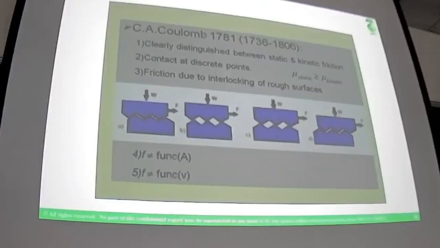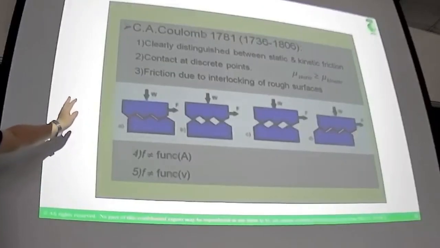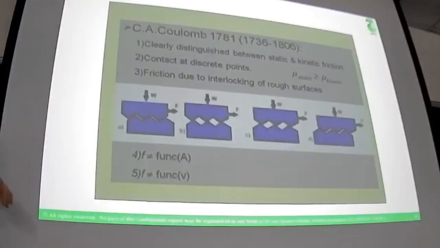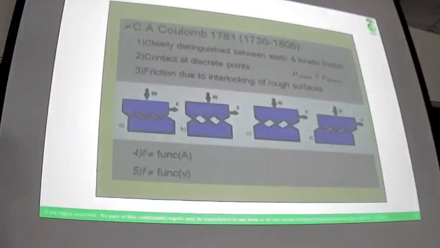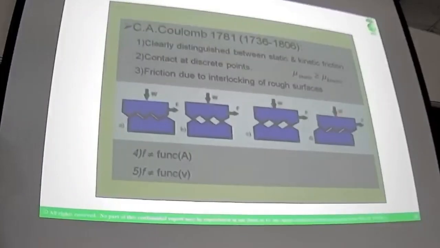So this theory is more or less the same as the dry friction we understand. That's why we usually call Coulomb the inventor of the theory of dry friction.